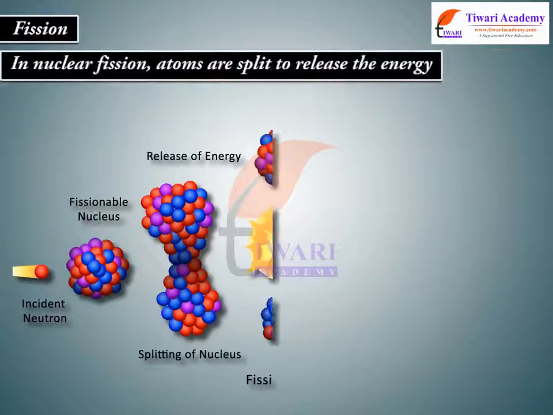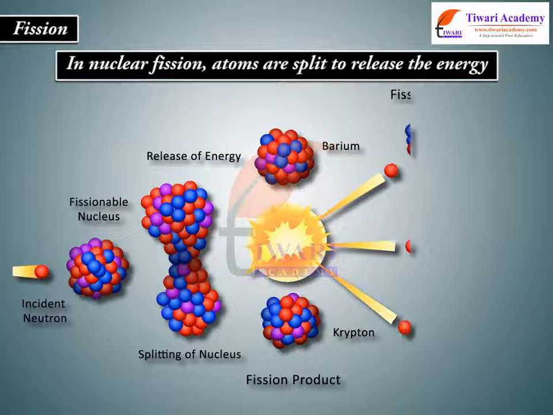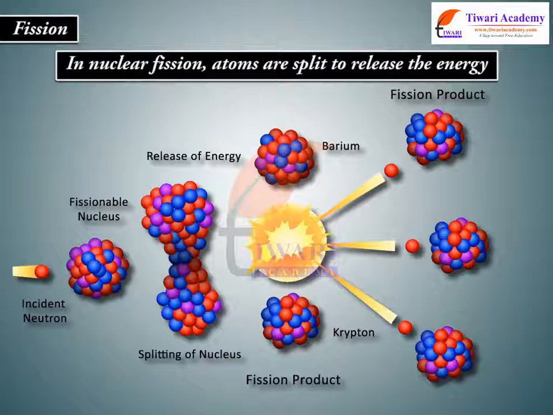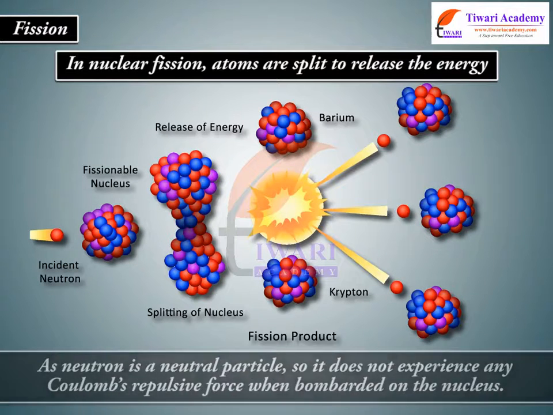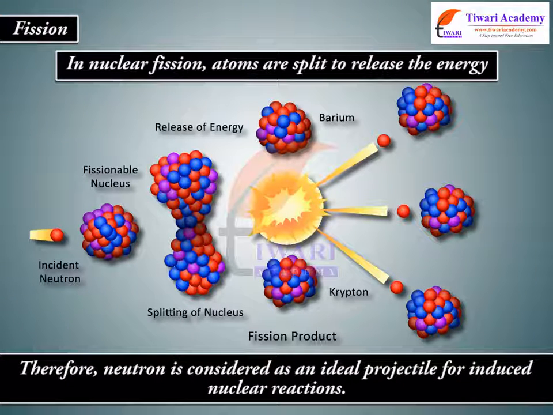Fission. In nuclear fission, atoms are split to release the energy. As a neutron is a neutral particle, it does not experience any Coulomb's repulsive force when bombarded on the nucleus. Therefore, the neutron is considered an ideal projectile for induced nuclear reactions.